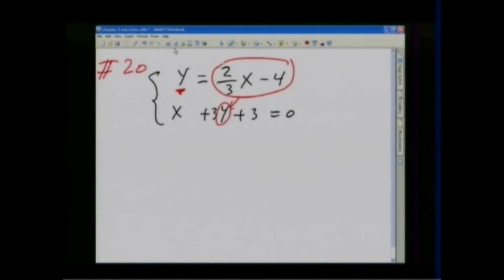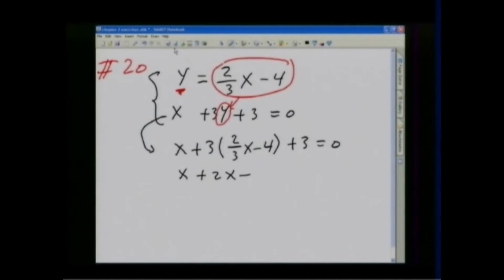So the second equation would become x plus 3 in place of y. You have 2/3 x minus 4, and then plus 3 equal to 0. So x plus 2x minus 12 plus 3 equal to 0.